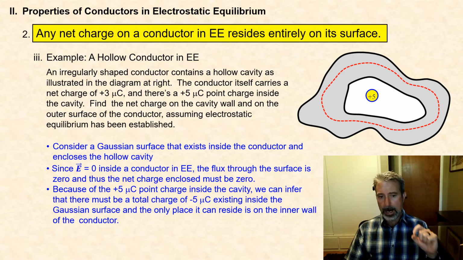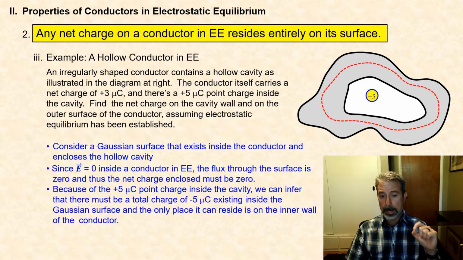Because of the positive 5 microcoulomb point charge on the interior of the cavity, how is it that we can get zero charge enclosed by the Gaussian surface? Well, we know there's got to be minus 5 microcoulombs of charge enclosed within the conducting medium somewhere.